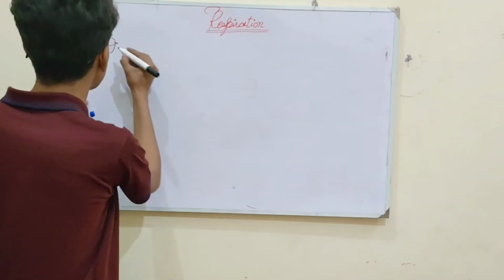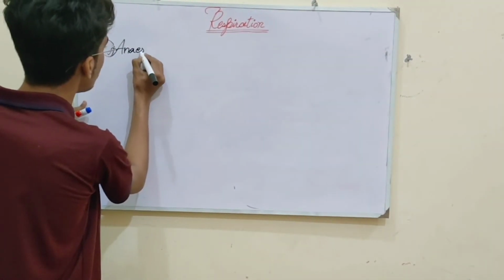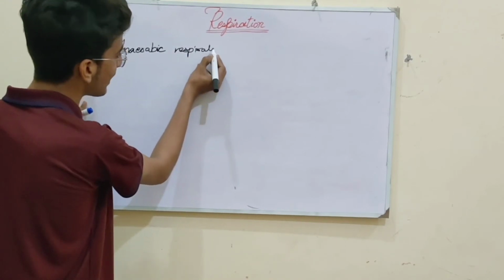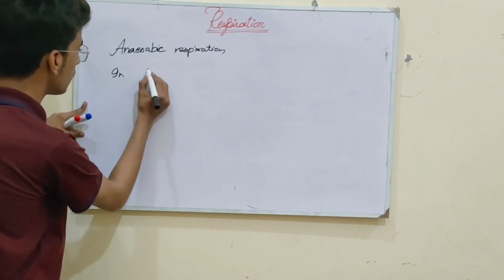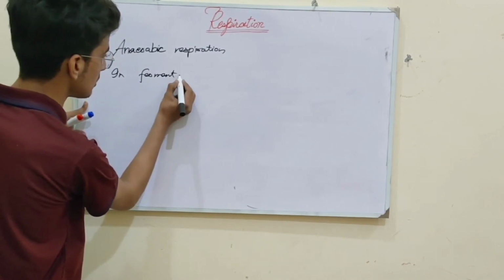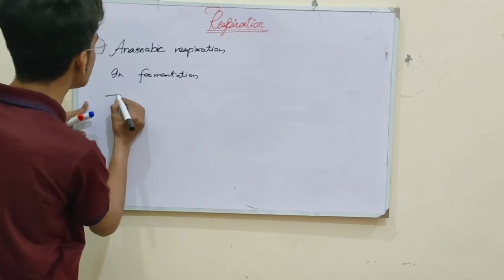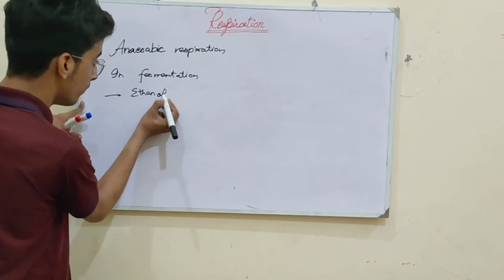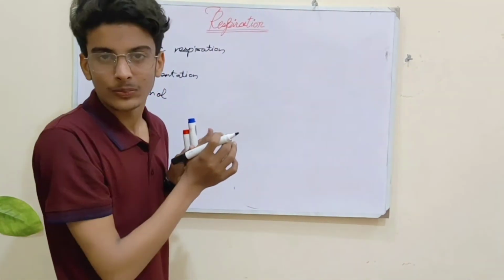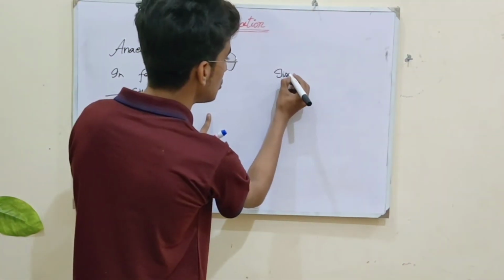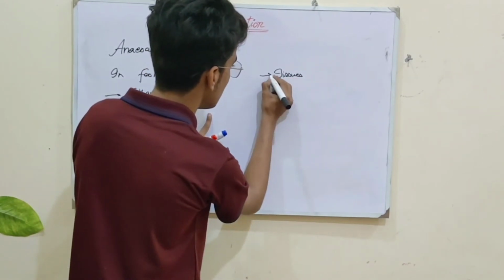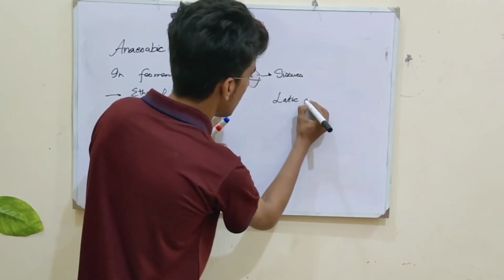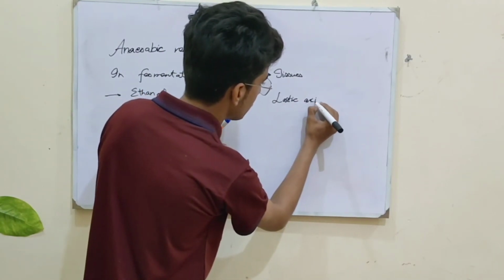Anaerobic respiration in fermentation results in the formation of ethanol, but anaerobic respiration in tissues results in the formation of lactic acid.